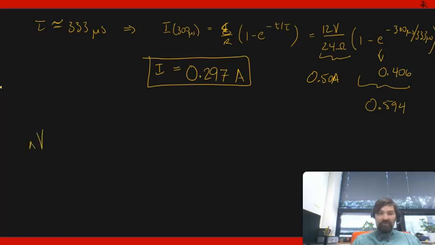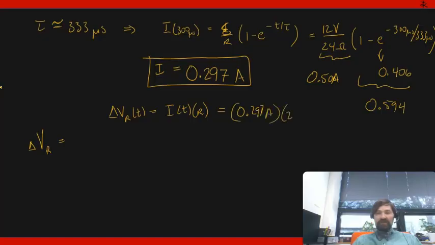The voltage across the resistor at that time should be that current times the resistance, which is 24. So delta V sub R of t is I of t times R. And so that is about 0.297 amps times 24 ohms.